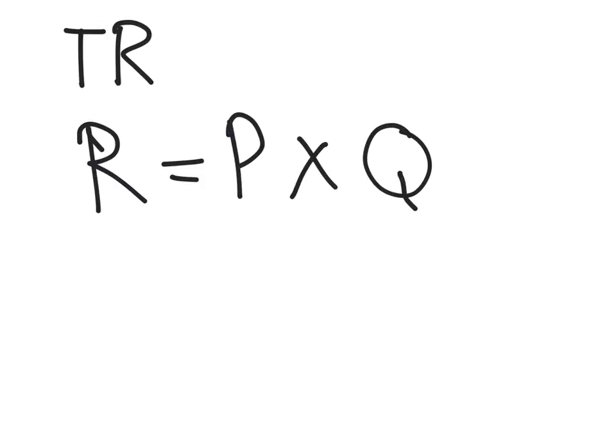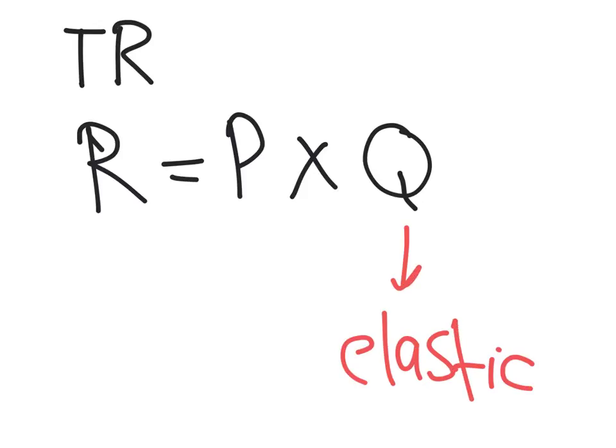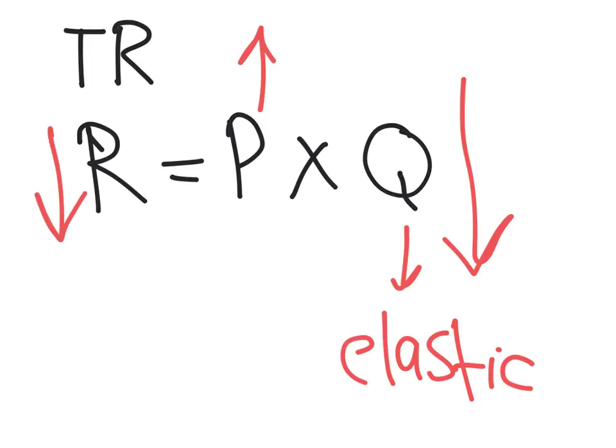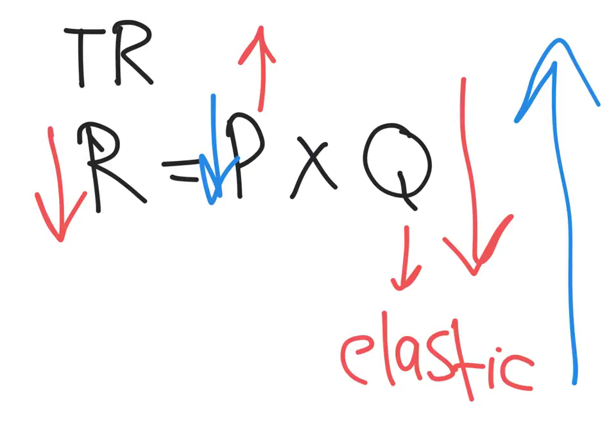If demand is elastic and the price increased, the quantity will decrease by a greater value, so revenue would decrease. However, if the price decreased, the quantity would increase by a greater value, so we would have more revenue.